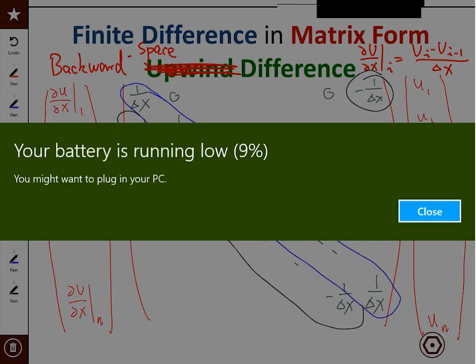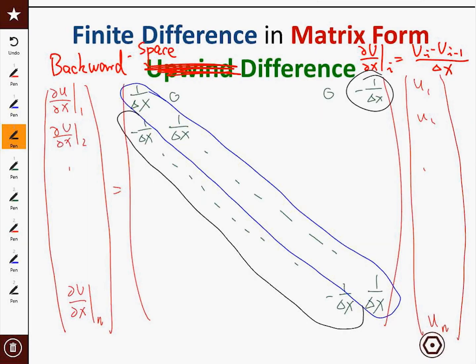How about the other one, the black one? Yes, I can use diag if I don't have this one. I'm going to see later on if I have not periodic boundary condition. Periodic boundary condition is actually good. If I don't have periodic boundary condition, if this is non-existent, then diag is a very good way to do it.